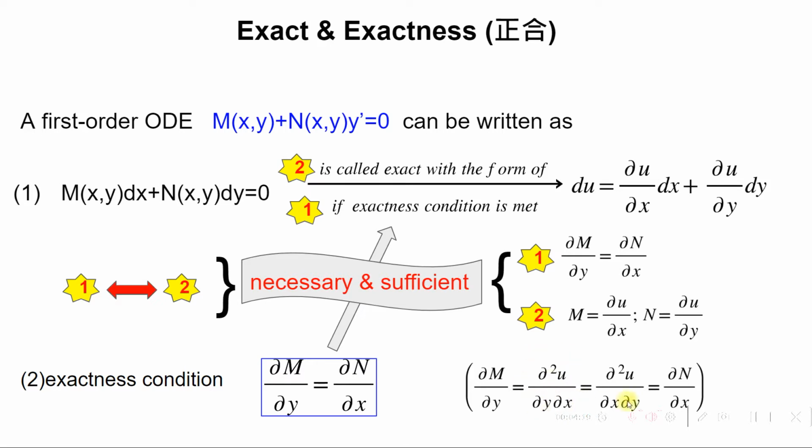So this one is equal to this one. And again, by observation, this one is equal to partial N over partial x. So we get the conclusion that partial M over partial y is equal to partial N over partial x. This expression of the exactness condition will be useful in our next slide.